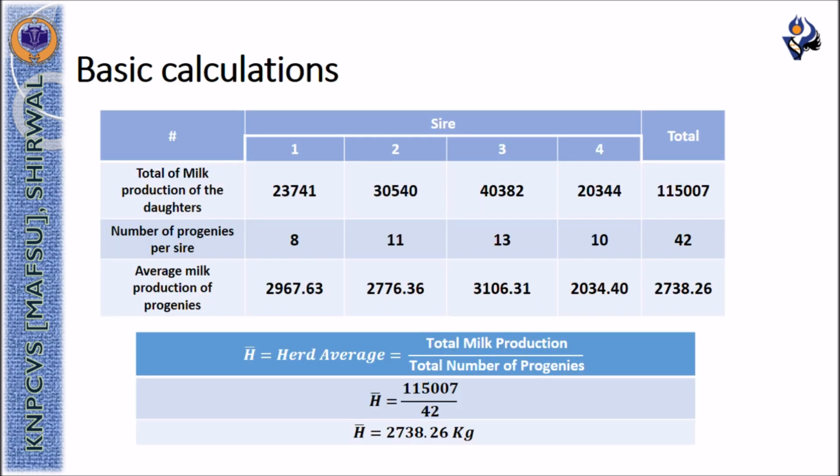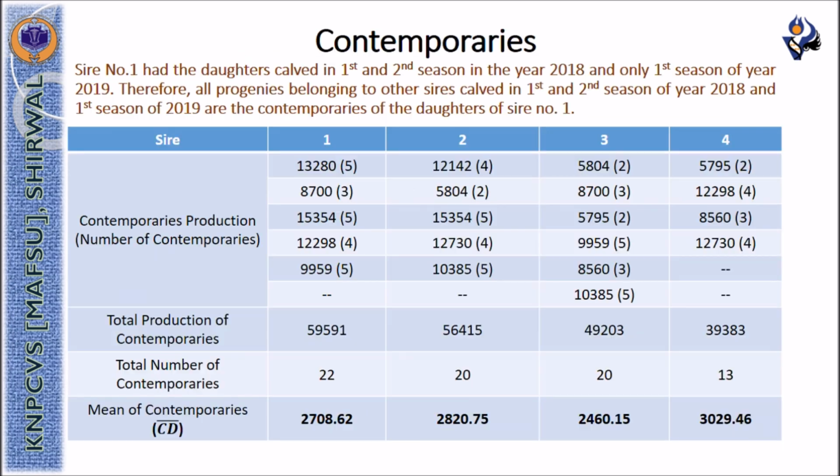Initially, basic calculations are calculated as given in this particular slide, where average milk production of the progenies of each sire is calculated as given below. The herd average is calculated by taking total milk production divided by total number of progenies, which comes to 2738.26 kilograms.